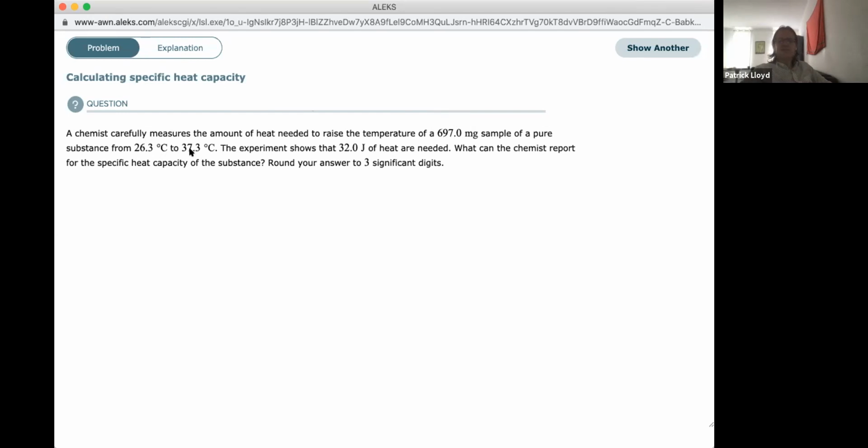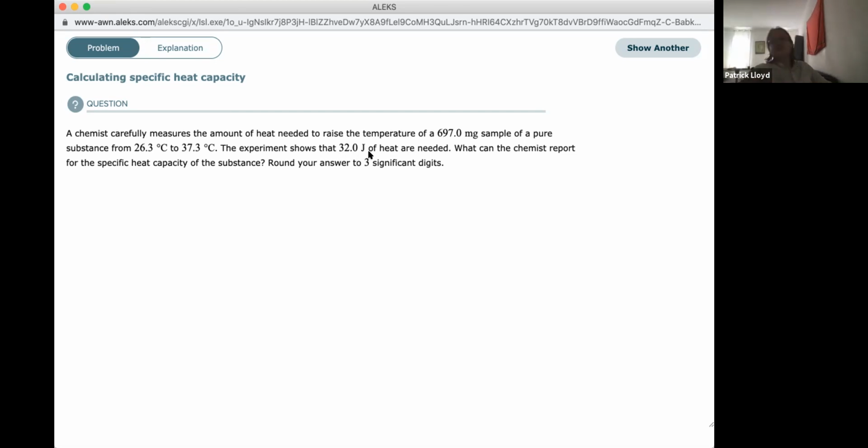And then this is pretty close to metabolic temperature, so like 98.6 degrees Fahrenheit. So there's a temperature change. So temperature change is important too, okay? And then in fact, they actually tell you how much heat. They tell you the heat is 32 joules, right? So there's a relationship between heat, Q, mass, M, and temperature change, delta T.